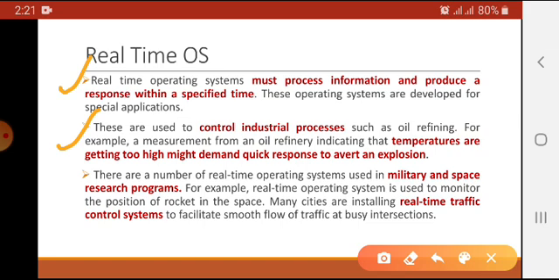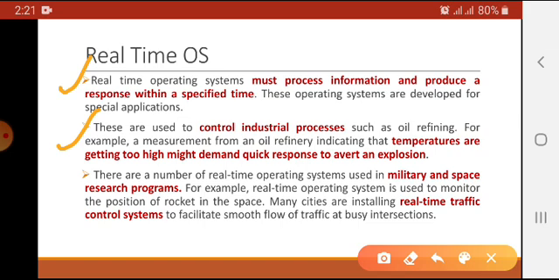An oil refinery is a very sensitive task, which needs very strict monitoring. So, if the temperature rises in an environment within the oil refinery, the computer system will sense that temperature and send a message to switch off the system or to perform some other tasks to avoid dangerous explosions.